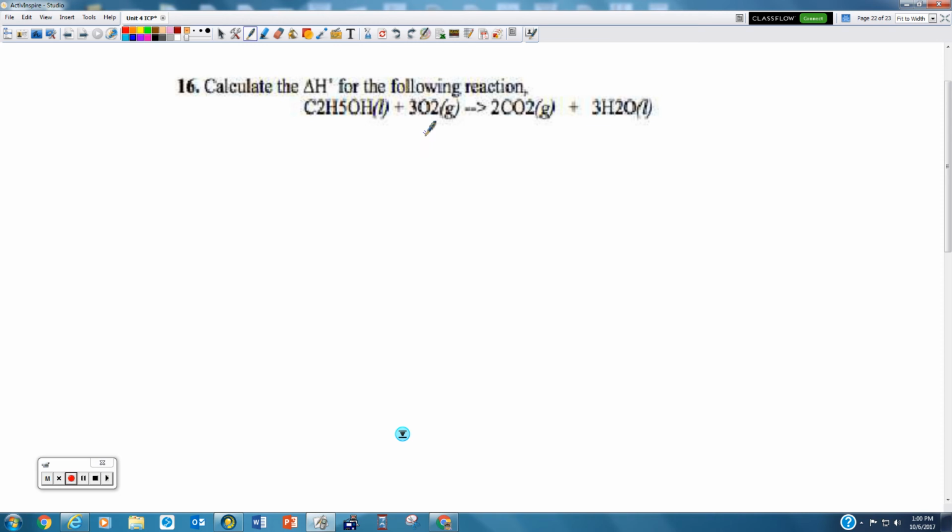What's O2's number going to be? 0. All right, so negative 277.6. CO2. Make sure you pay attention to state because some of them differ. And H2O liquid.